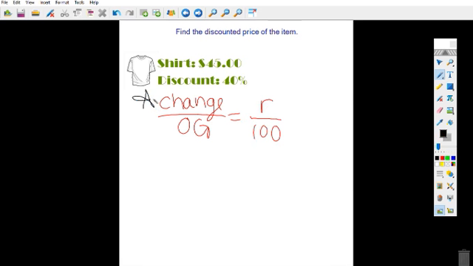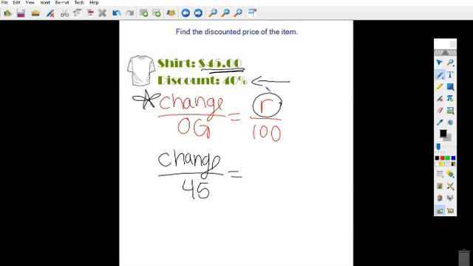Our change, that is what we're trying to find. We want to find the change in the price. Okay, the original price, 45. Our rate is 40. Because it's 40% off over 100.